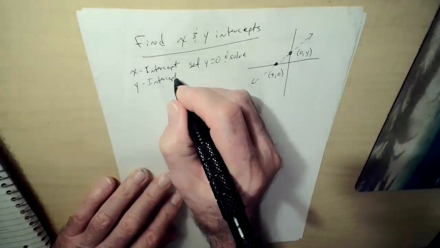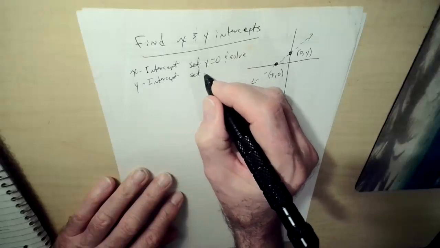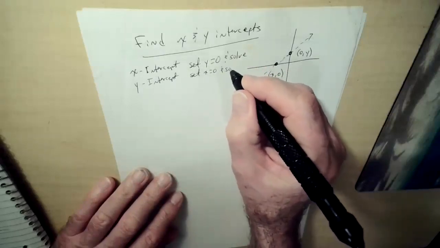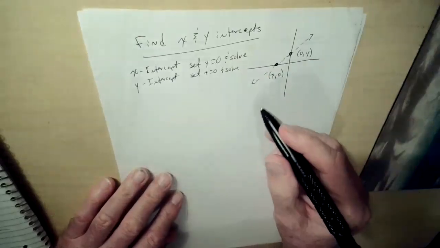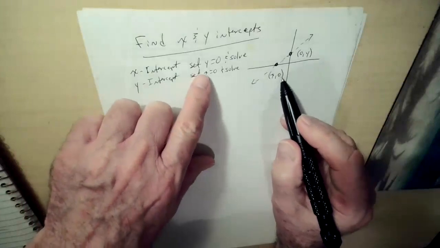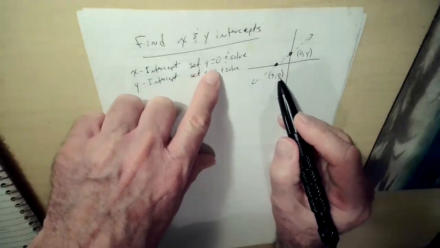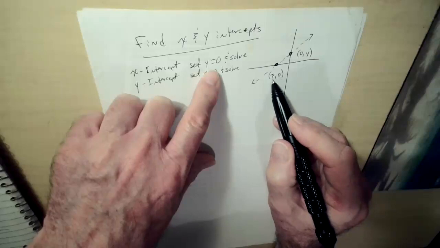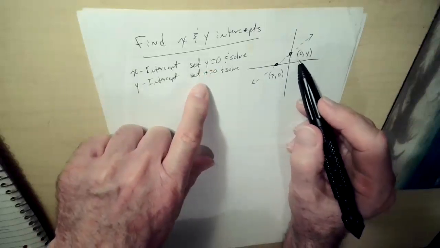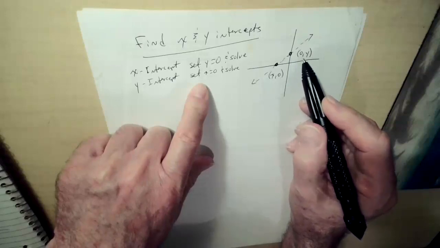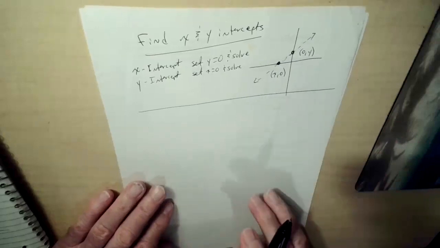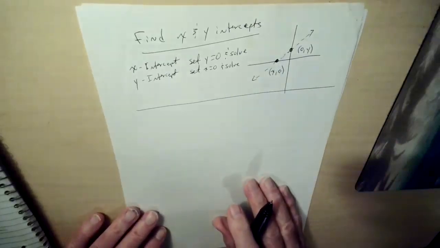To find the y-intercept, we set x equal to 0 and solve. So to find the x-intercept, we set y equal to 0 and solve the equation. Same thing with the y-intercept. You set x equal to 0 and solve the equation.